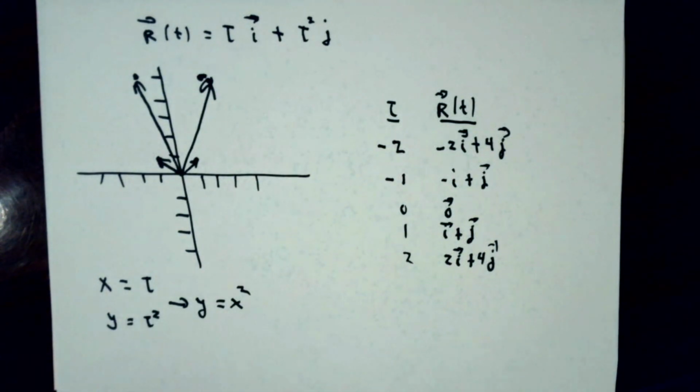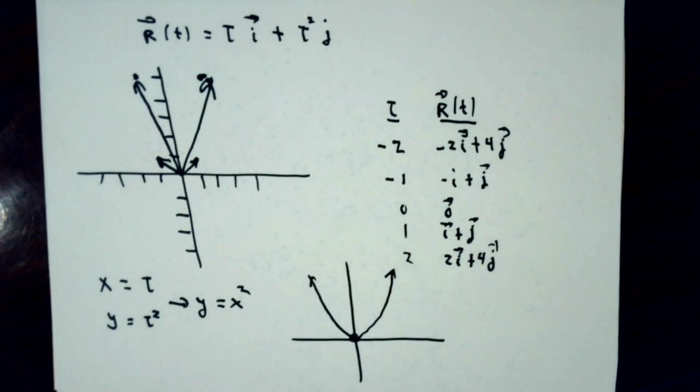This takes the vector-valued function and expresses it in a more familiar way to us. y equals x squared is a parabola. The vectors involved in the vector-valued function are going to be all of the arrows that start at the origin and end on the parabola.